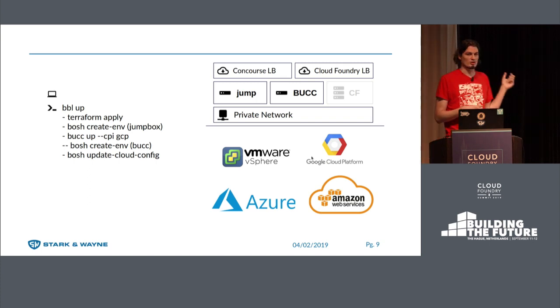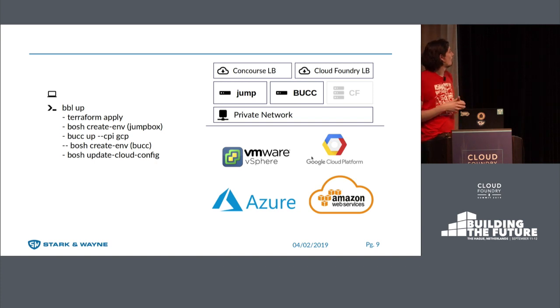There's a project called BOSH Bootloader. It's pronounced Bubble, BBL. Bubble is a wrapper around Terraform, so it has opinionated ways of setting up the pieces that BOSH doesn't manage, right? So bootstrapping your load balancers and your networks and those things.